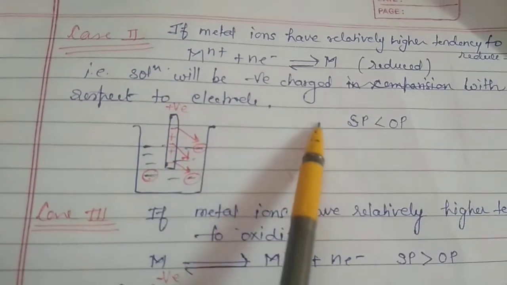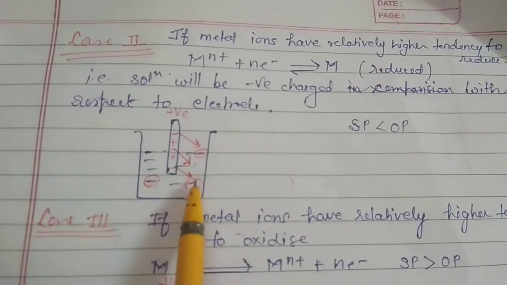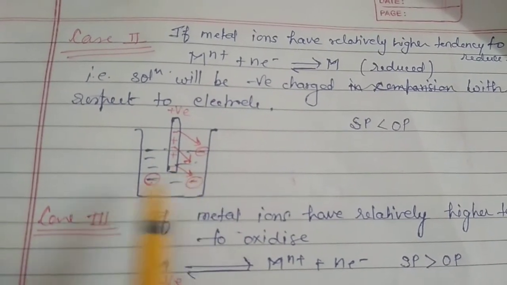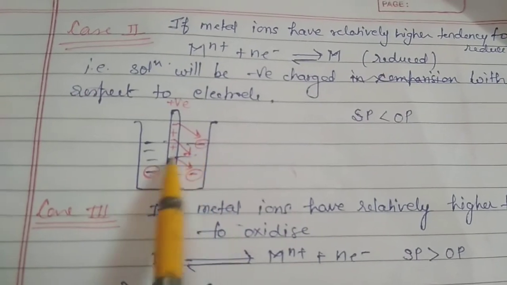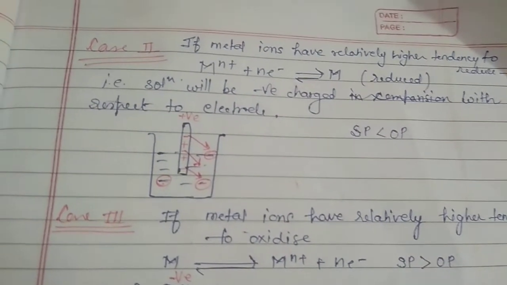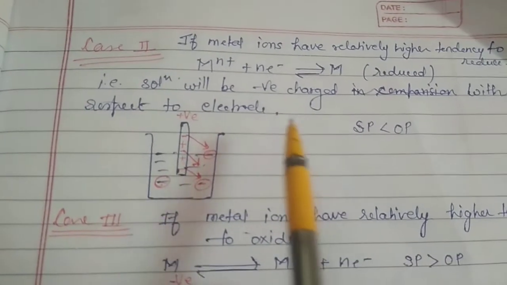So there is a separation of charge happening here, and some potential is developed on this electrode due to the separation of charge.